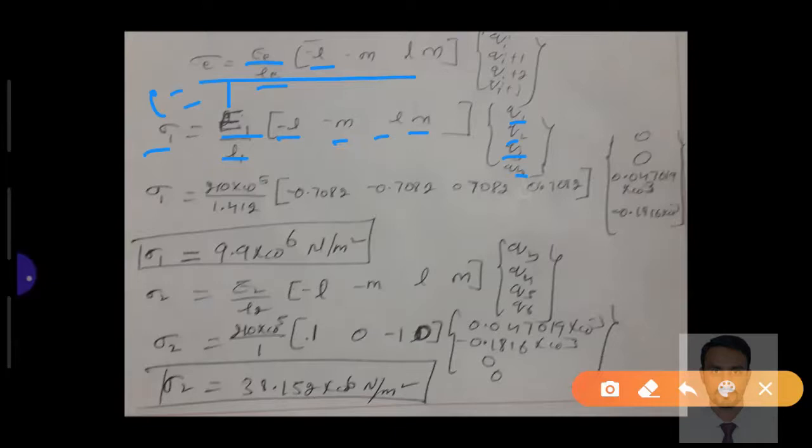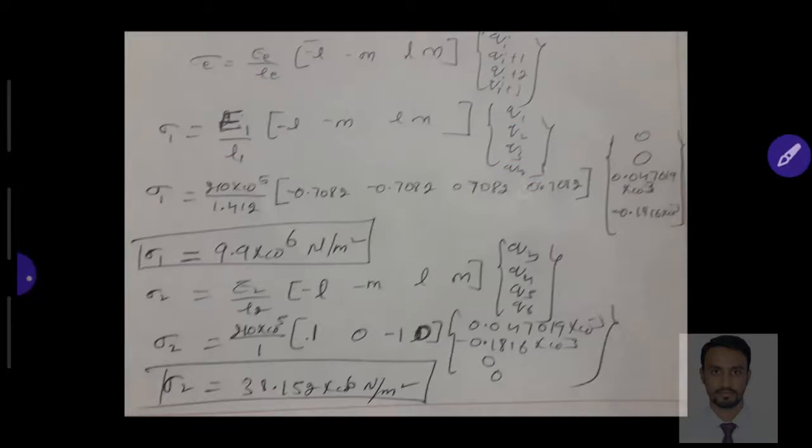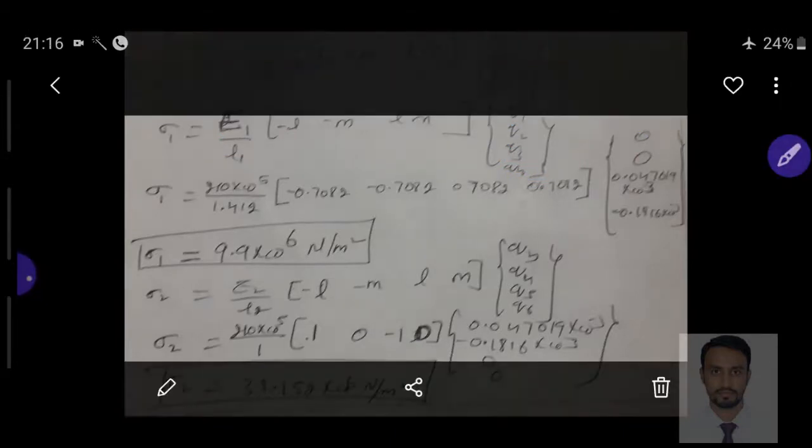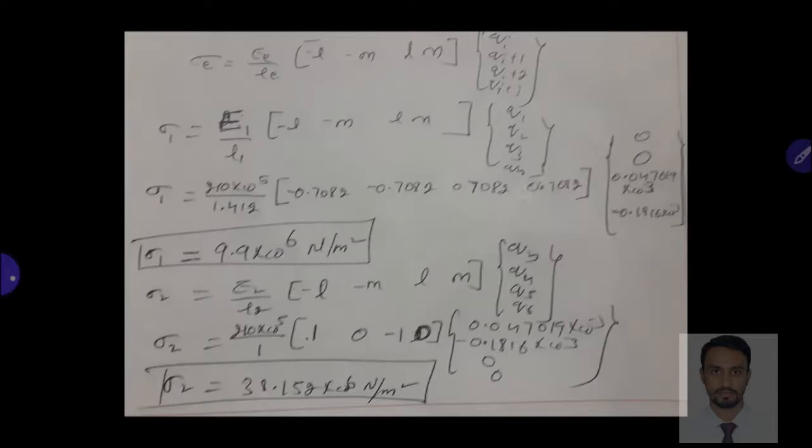Element number 1 starts from node number 1 and ends at node number 2. Node number 1 has Q1 and Q2, and node number 2 has Q3 and Q4. So I have taken Q1, Q2, Q3 and Q4 for element number 1.